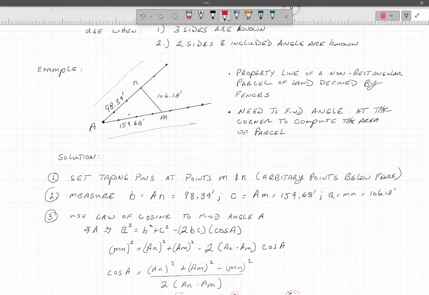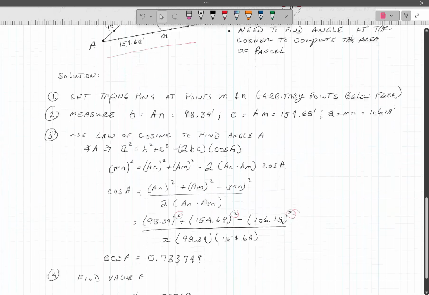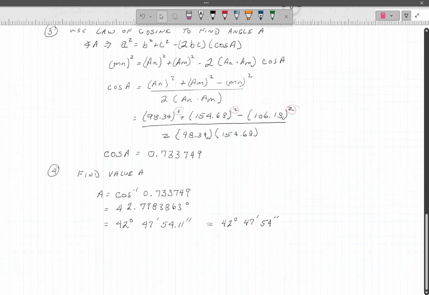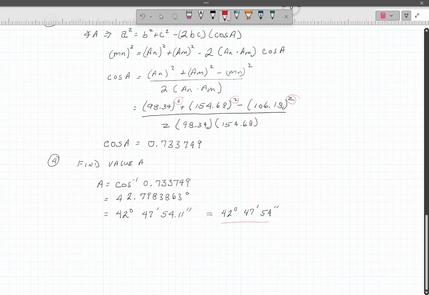None of these angles will be 90 degrees, so we don't have to worry about that because we're going to use the law of cosines. We measure from pin A to N, that gave us 98.34. A to M gave us 154.68. Then we go through the manipulation of the law of cosines to get cosine A out so we can find that angle, and then we have our answer.